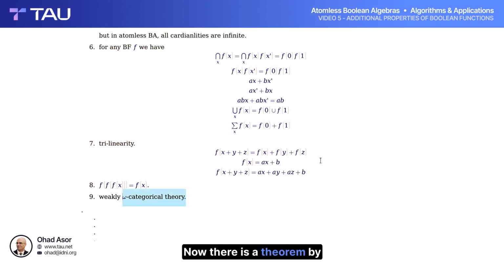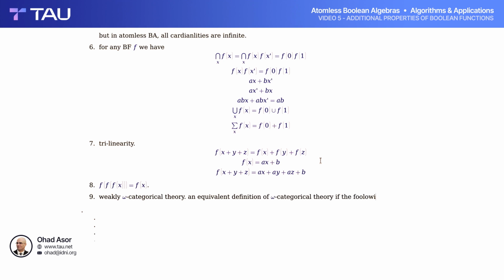Now, there is a theorem by Ryll-Nardzewski that says an equivalent definition of omega categorical theory is the following.